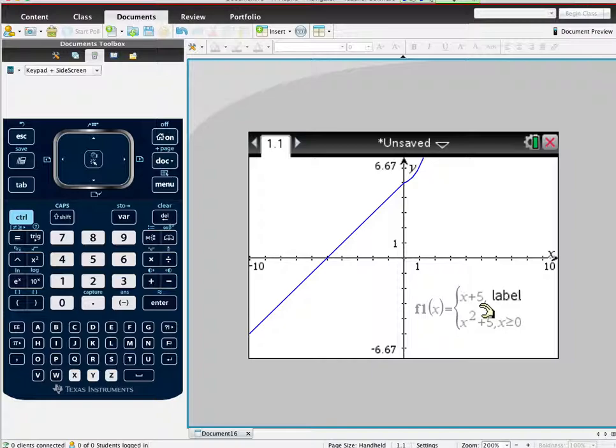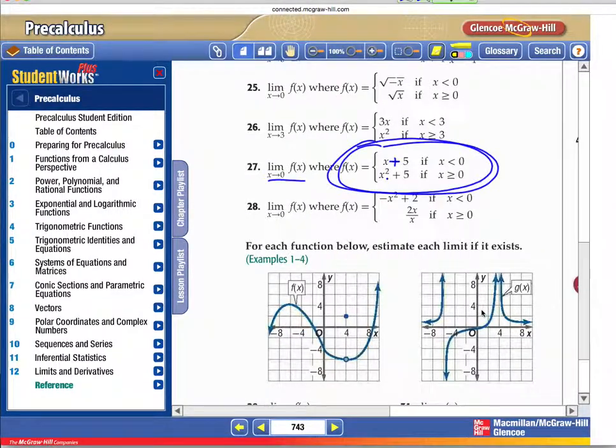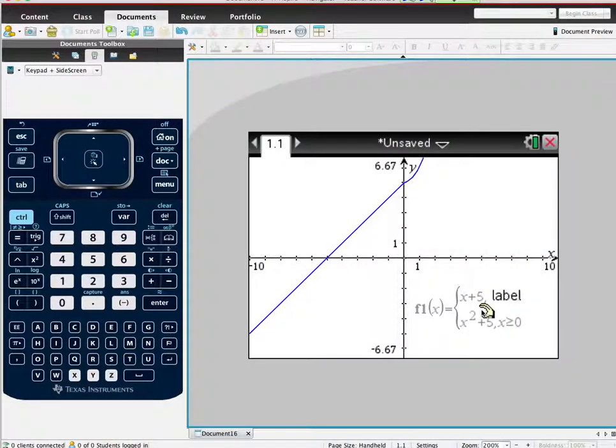So what x value are we approaching? We're approaching 0. So what's your graphical estimated limit? Looks like 5. So we're going to say it's 5. So now let's verify it. Numbers to plug in on the right of 5: 5.001, 5.01, 5.1.